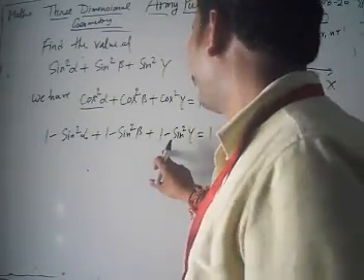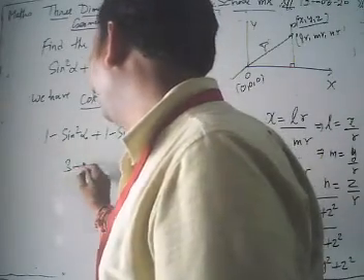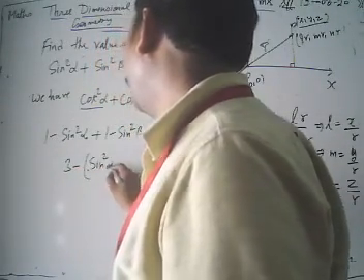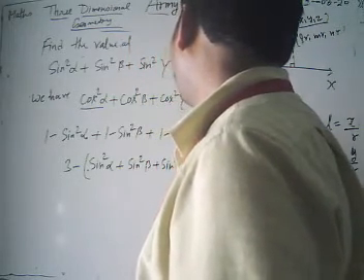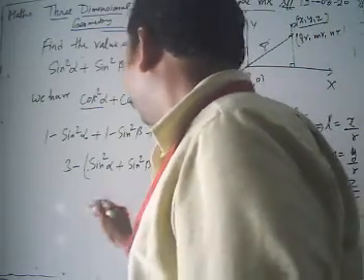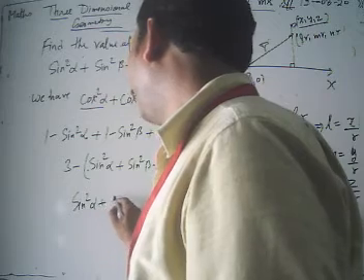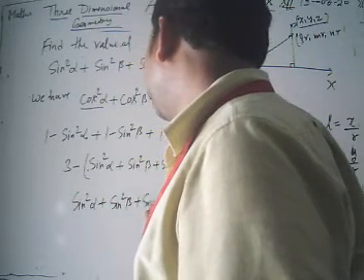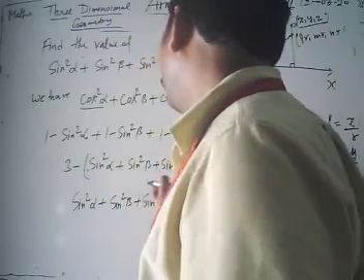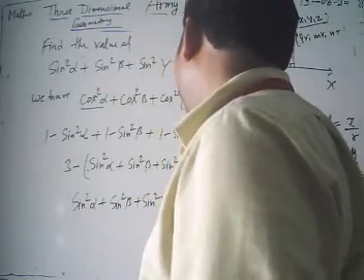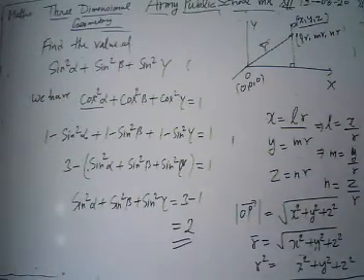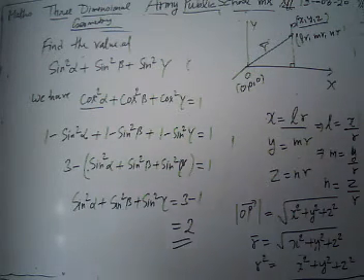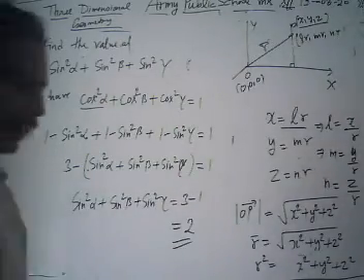Now we have 3 minus (sine square alpha plus sine square beta plus sine square gamma) equal to 1. Then the value of sine square alpha plus sine square beta plus sine square gamma is 3 minus 1, which gives 2. While cos square alpha plus cos square beta plus cos square gamma is 1.